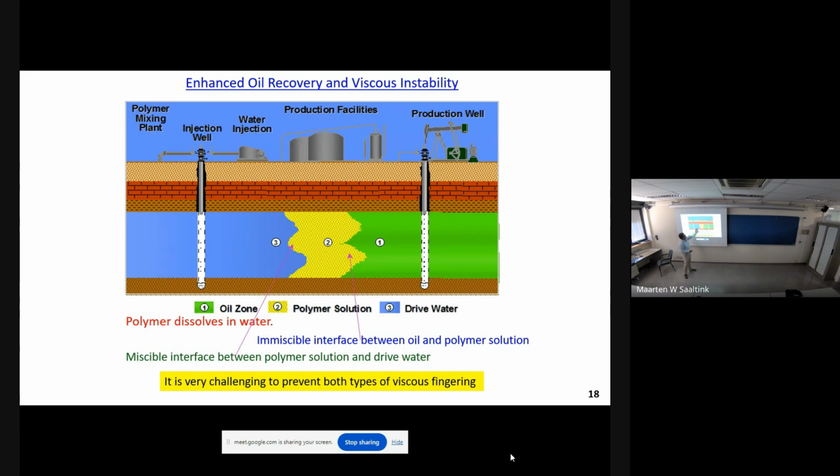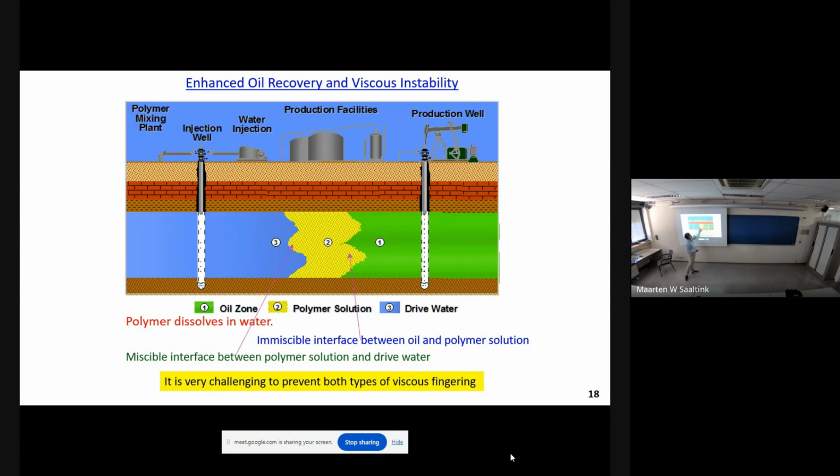To recover the oil, water is pushed in; that's called water flooding. But sometimes they also use chemicals like polymer and surfactant for different purposes. The purpose of the polymer is very simple: to increase the viscosity of the mixture so that the viscosity difference between the water with polymer and the oil will be small, to avoid viscous fingering.